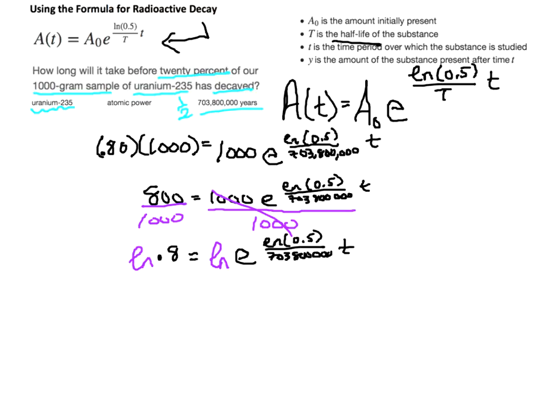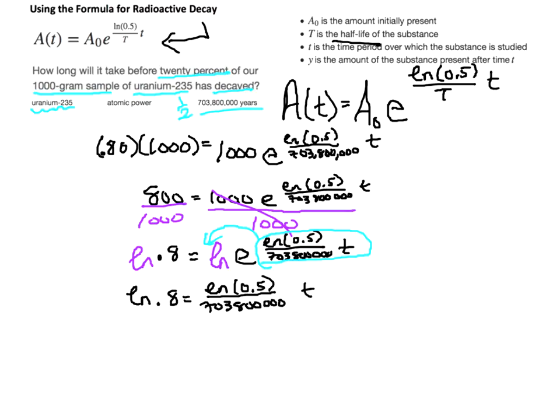And don't forget, when I do that, that allows me to pull my entire exponent out front as the coefficient, and the ln of e is just 1. So what I have so far is the ln of 0.8 is equal to the ln of 0.5 divided by 703,800,000 times t.